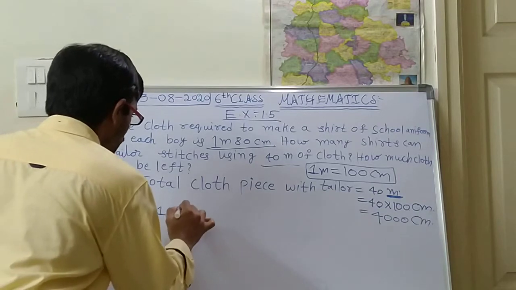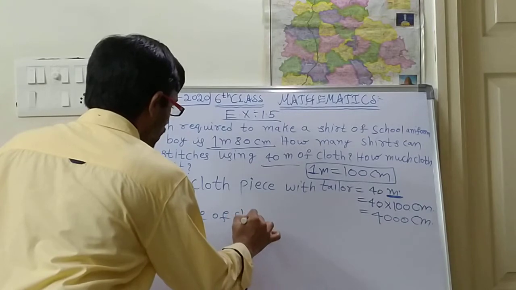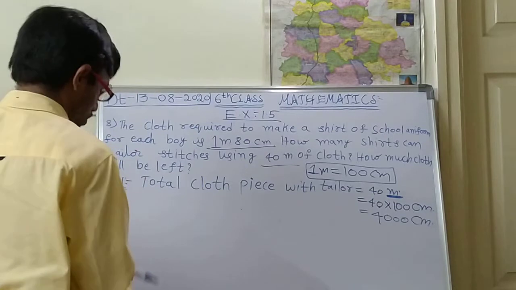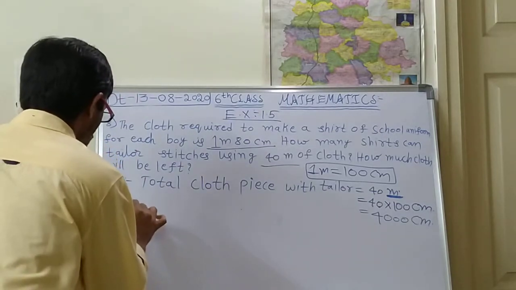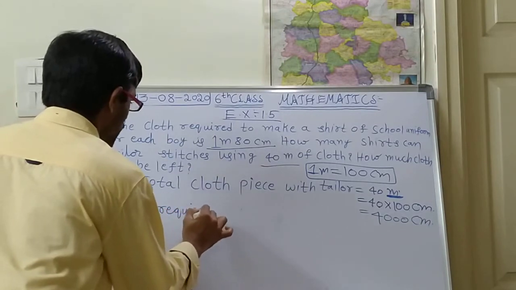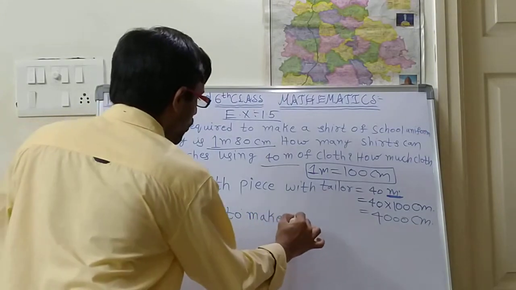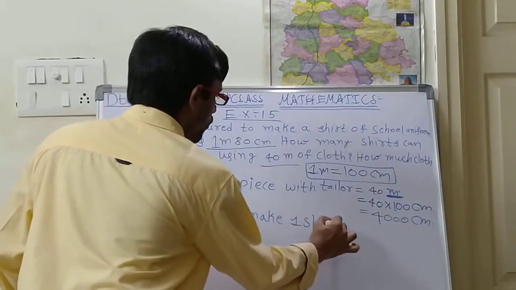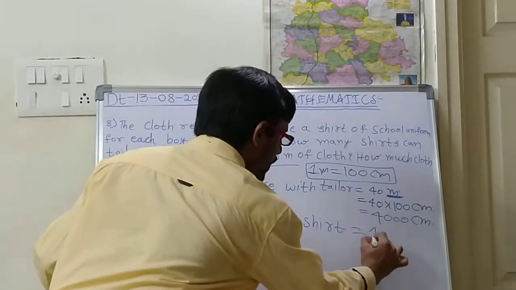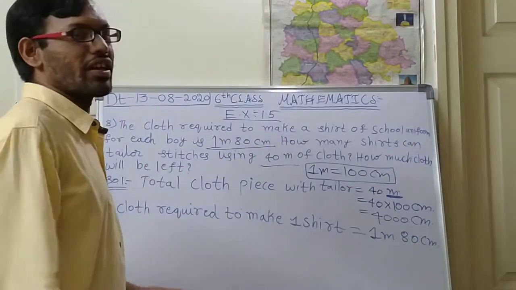For one shirt, the cloth required to make one shirt is 1 meter 80 centimeters.